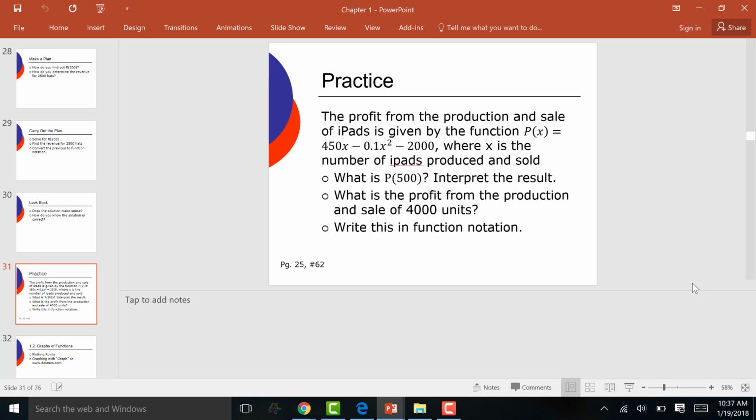Bullet number 2. What should I do for bullet number 2? Plug in 4,000. So now P of 4,000, y'all put it in your calculator. Everywhere you had an X, instead of 500, put in 4,000.